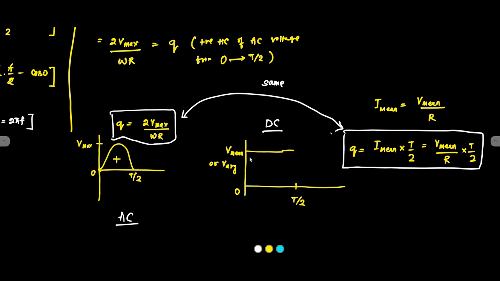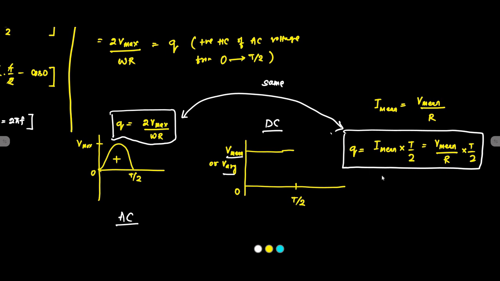What is the equivalent DC voltage which we should apply to the same circuit which will transfer the same amount of charge? That value we are trying to determine by this mean value calculation.